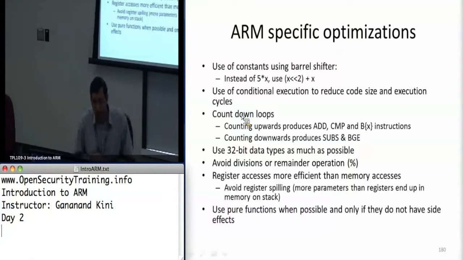Register spilling is essentially when you have a function with like a million parameters. The first 4 parameters go into R0 through R3, but the remainder end up going on the stack, which is in memory. So you want to use registers as much as possible, so access is faster as opposed to asking the memory controller to access the stack.